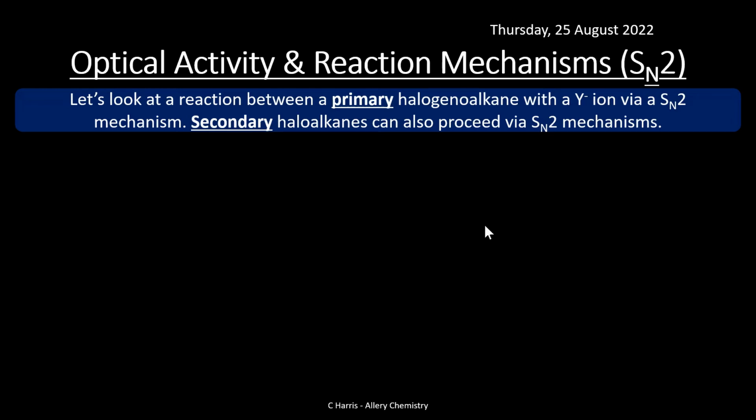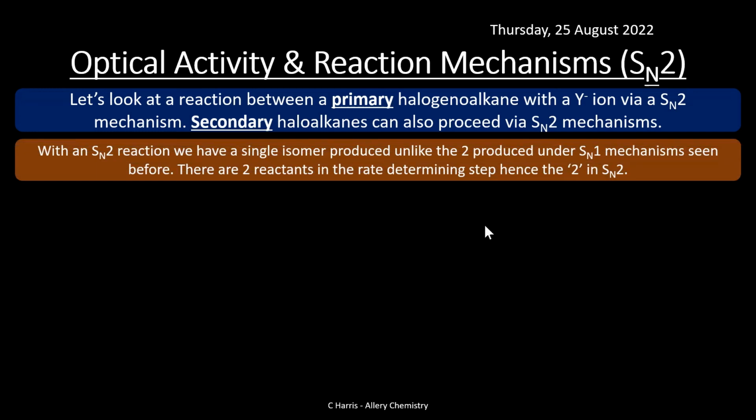Secondary haloalkanes can also proceed via SN2 mechanisms, so they could follow that same pathway. Just to summarize, secondary haloalkanes can go via SN1 or SN2, tertiary is only SN1, and primaries are only SN2. So that's the spectrum there.